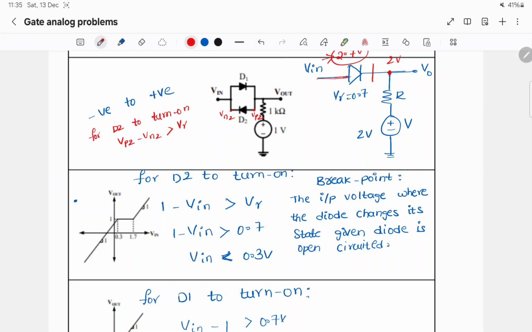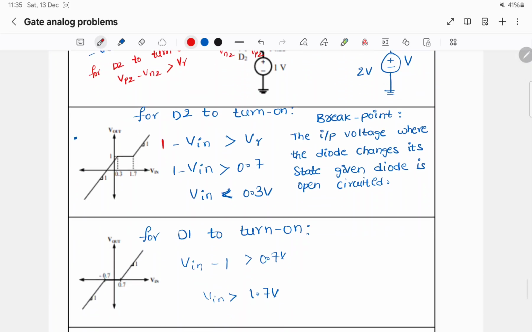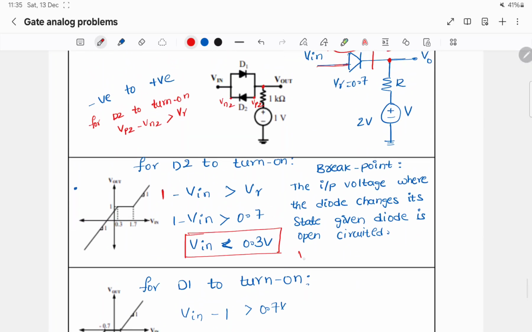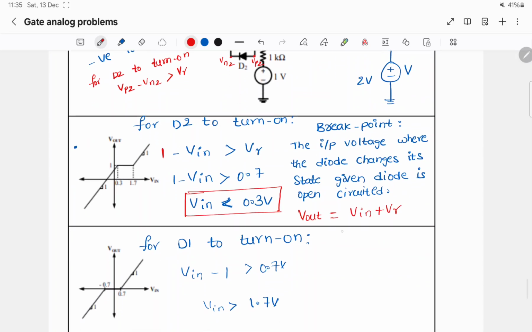Here when we open circuit the diode, the node potential Vp2 will be 1 volt, so I have taken it as 1 volt minus Vn2, which is Vin, should be greater than V gamma. V gamma here is 0.7 volts, so Vin has to be less than 0.3 volts. When Vin is less than 0.3 volts, V out will be Vin plus V gamma.